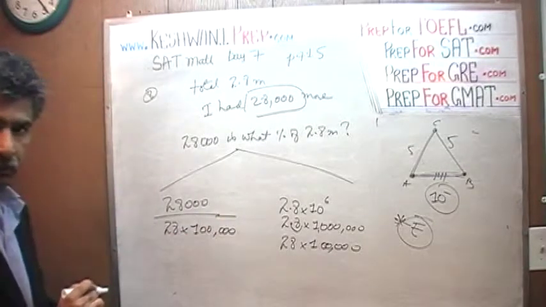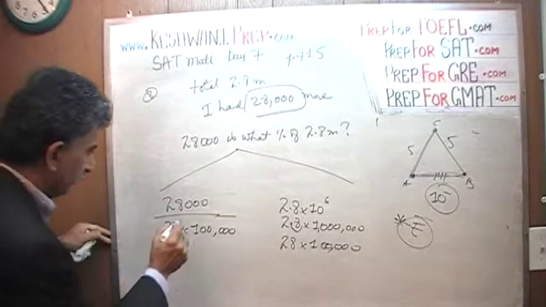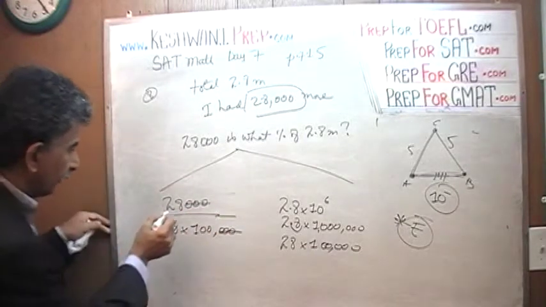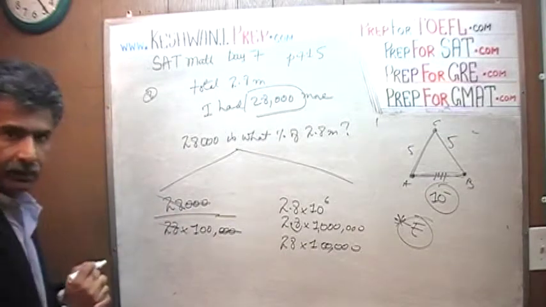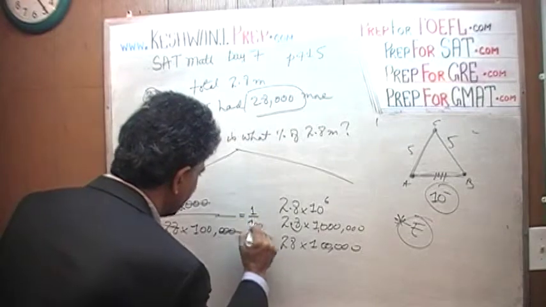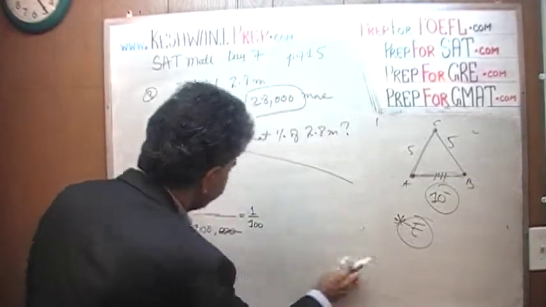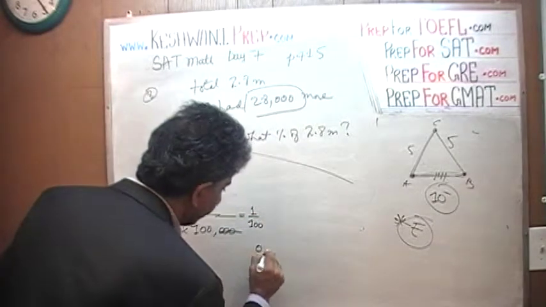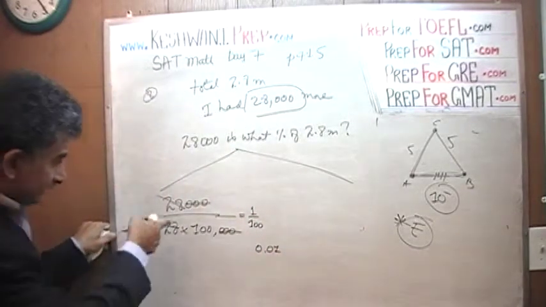What do you notice? Watch what happens. These 3 zeros are going to cancel out. This 28 is going to cancel out with this 28. And we end up with 1 over 100. Which of course is going to come out to 0.01. But we realize that this is a percentage.